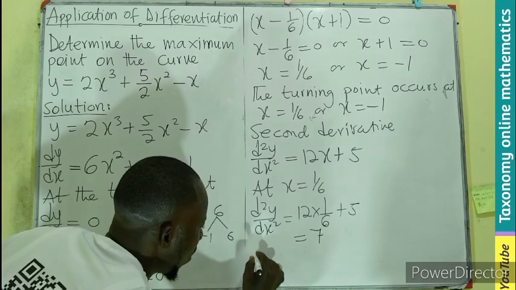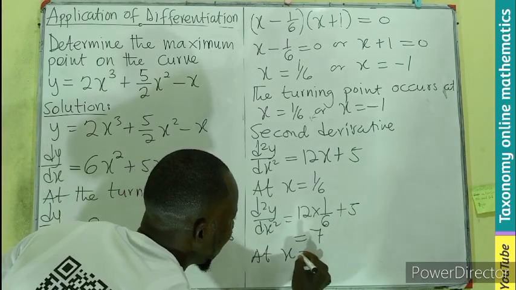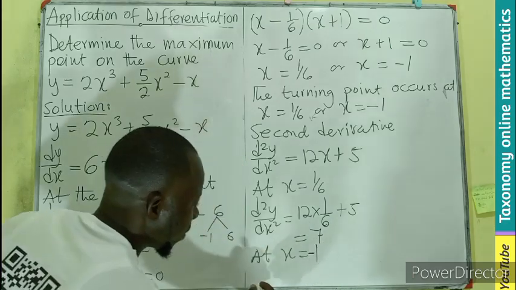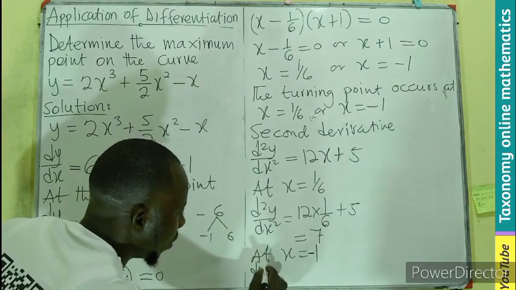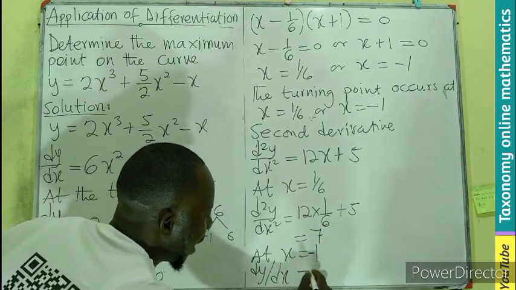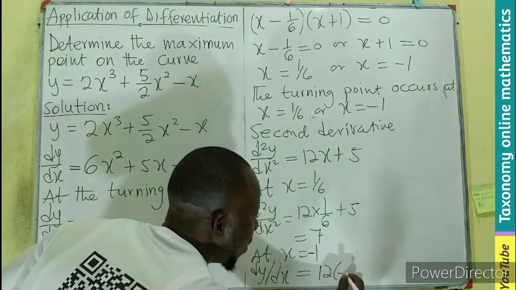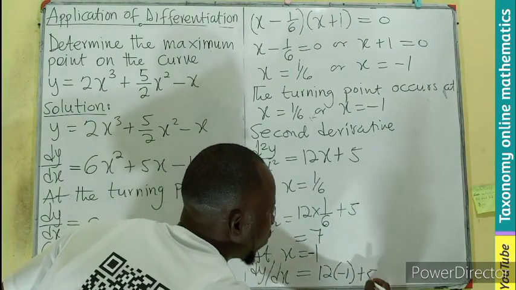7. So I can also say at x equals negative 1, your second derivative will be equal to 12 into bracket minus 1 plus 5.